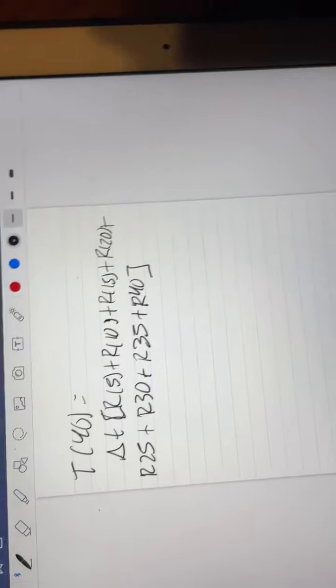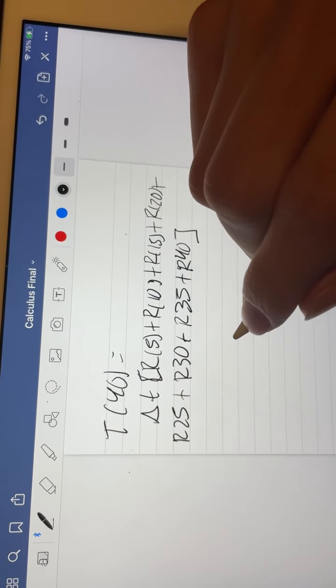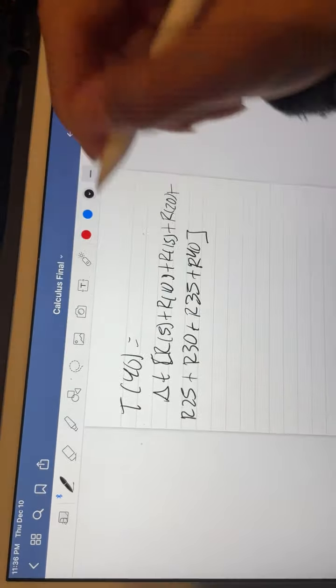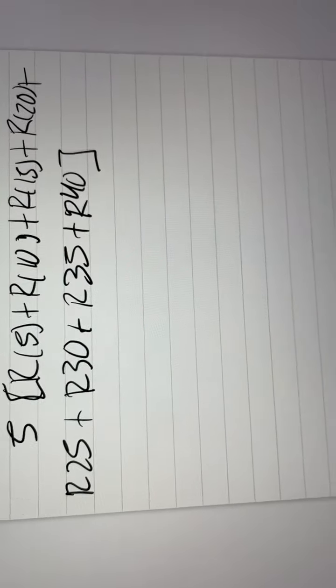And then you would add them all up, while also multiplying it by the width, which is 5. And then you would get, to make it quicker, I'm just going to do it in the calculator, but for those of you who are wondering, I'm just substituting in all the height values.